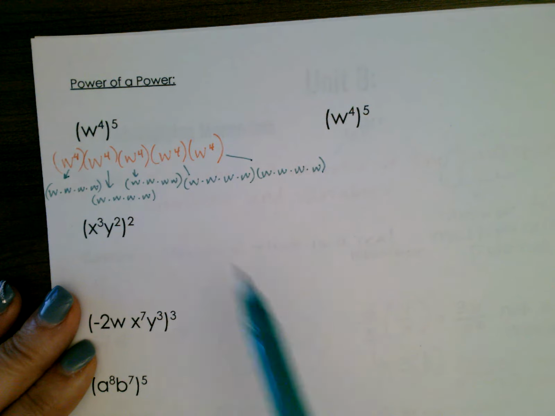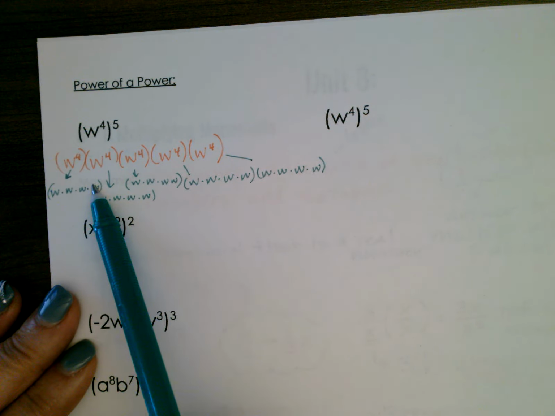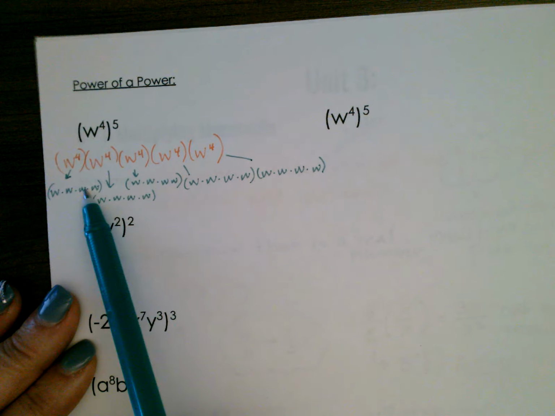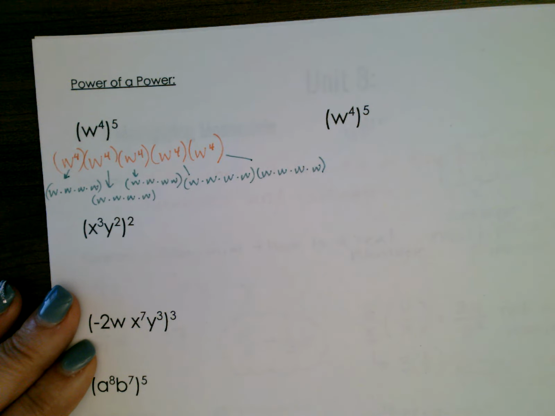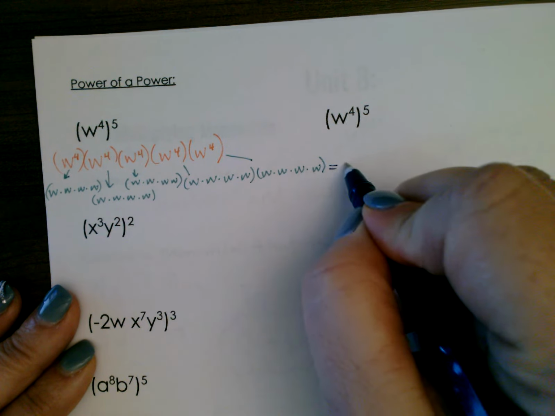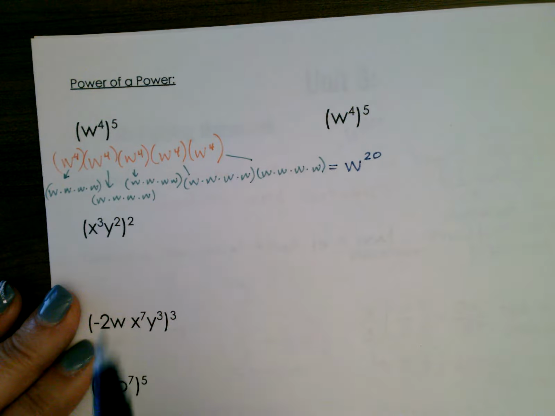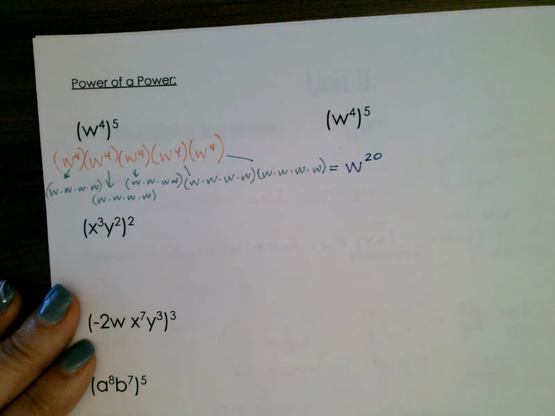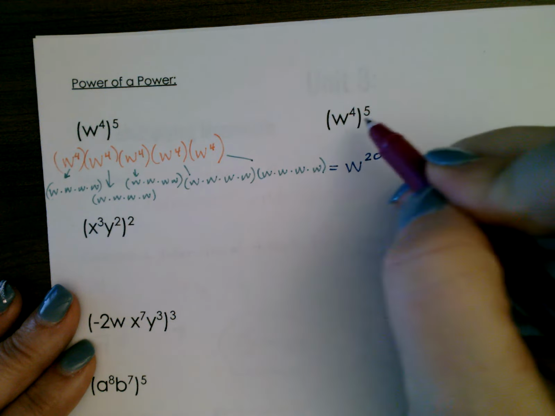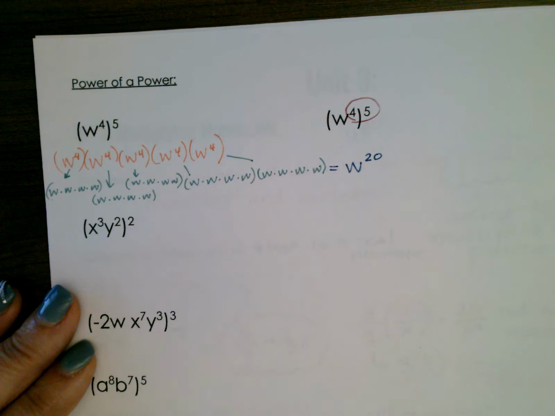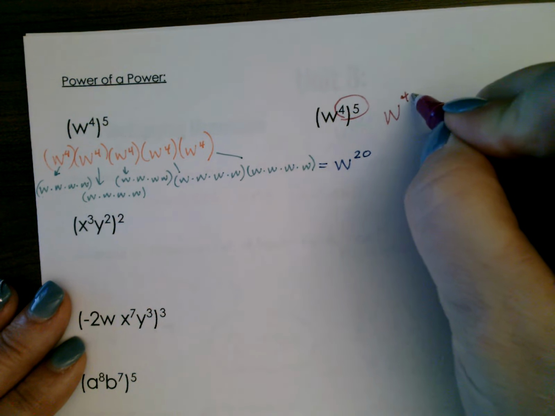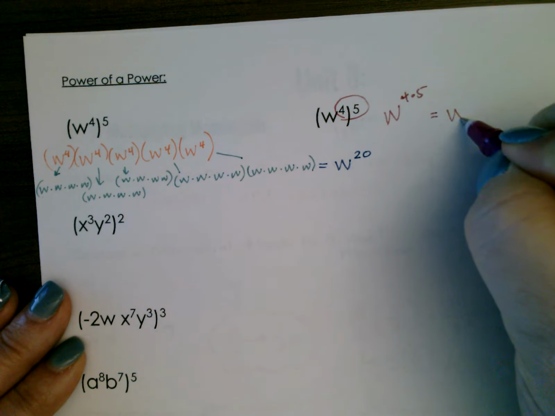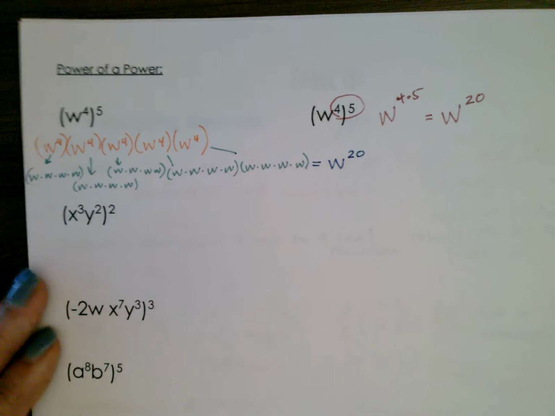Okay, so when I look at this, I have a total of 4 being multiplied here, 4 more, so 4, 8, 12, 16, 20. I will end up with w to the 20th power because I have 20 w's being multiplied together. When we look at this, there is a general pattern. A power raised to a power means you're really going to do 4 times 5 to get w to the 20th.